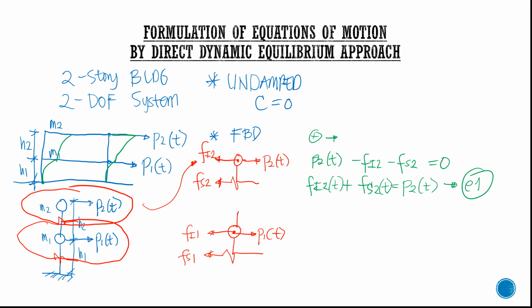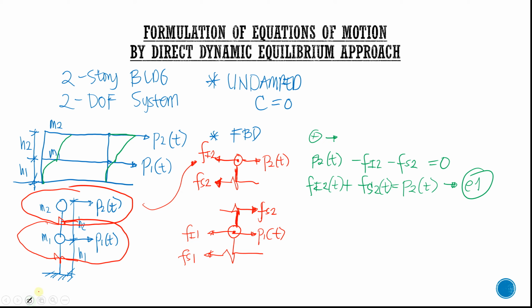Now, this is a single system, but we try to separate the second floor and the first floor. What we need to do is also consider the static force present on this column coming from the dynamic force applied on the second floor. The direction for that one is towards the right. So we have also the static force there for the second floor.